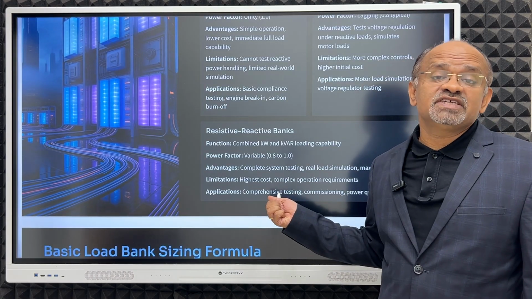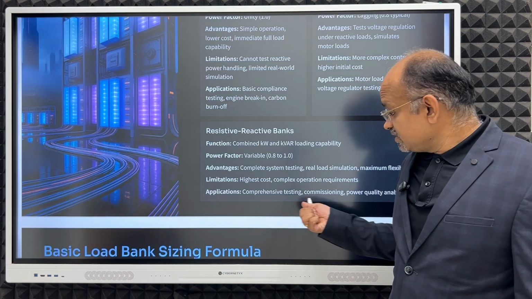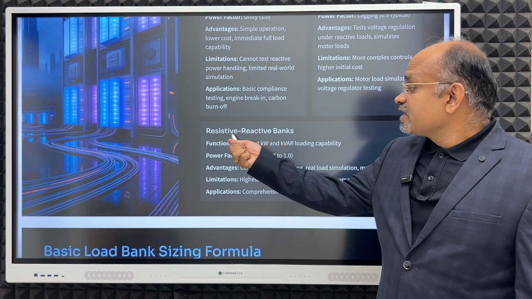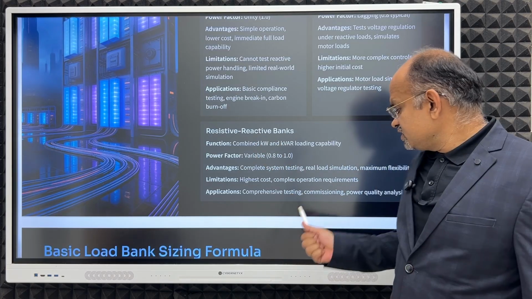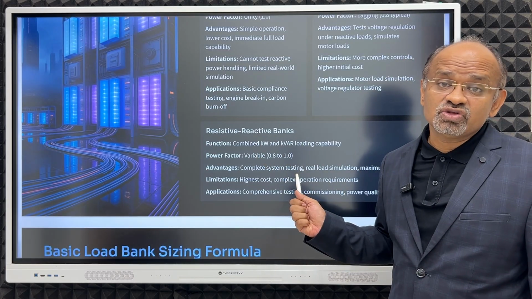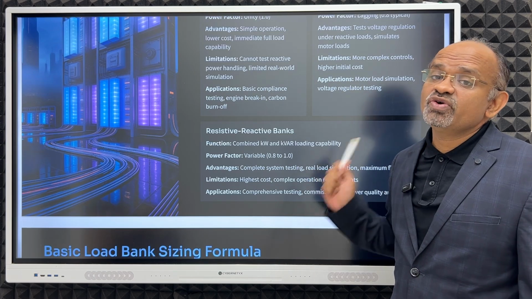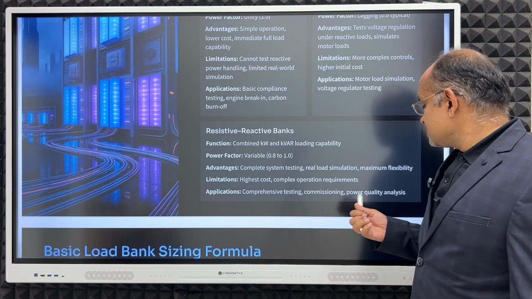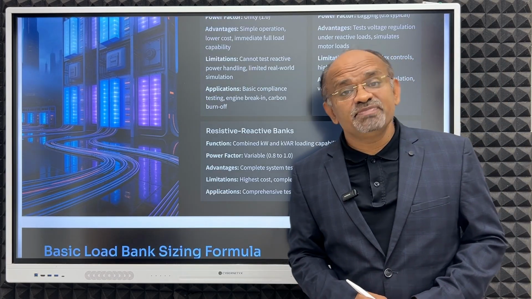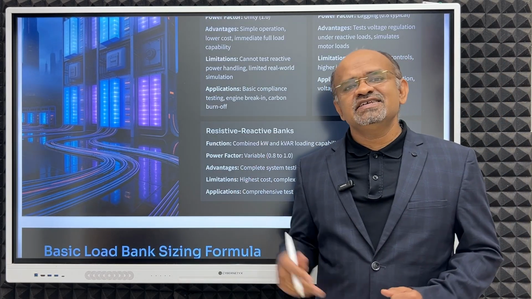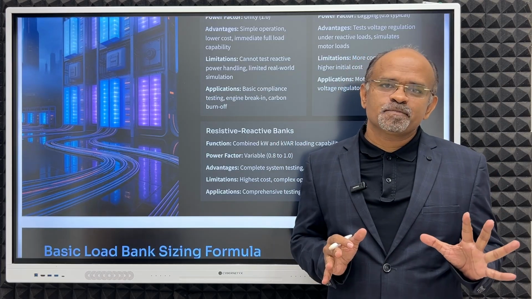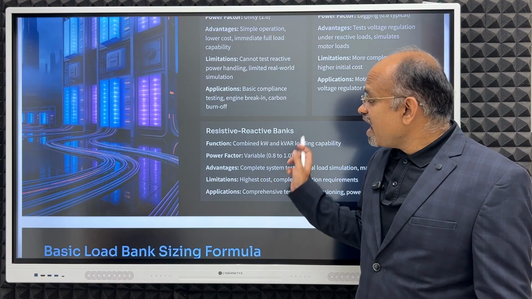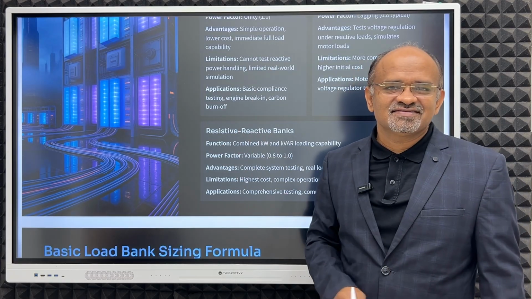Whenever you are setting up a new DG set, then this testing I will advise. Resistive-reactive banks, because they simulate all the load scenarios. So keep in mind, whenever you are installing new DG sets, this load testing is required. Then power quality analysis can be done. If you are a professional, you can convince your client to buy this bank, not the other.